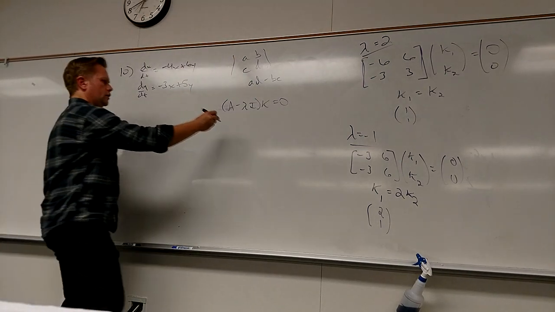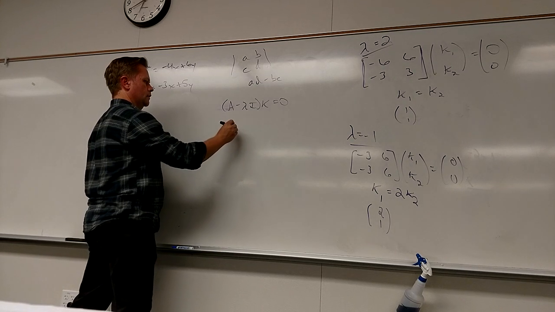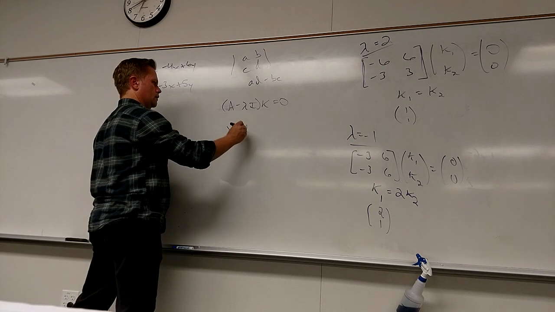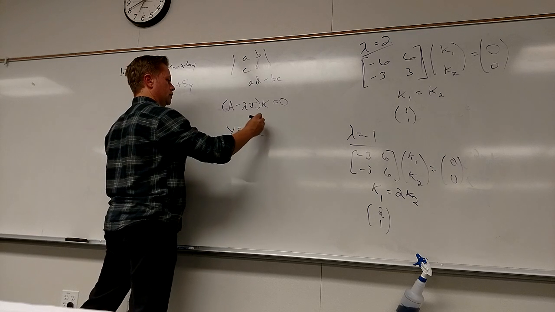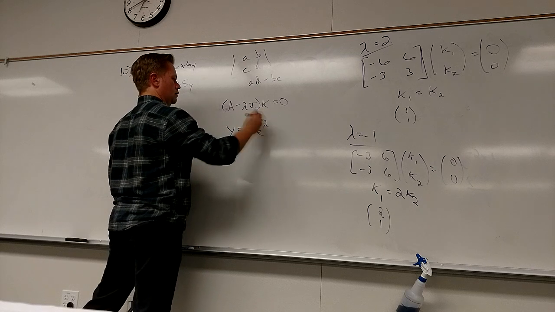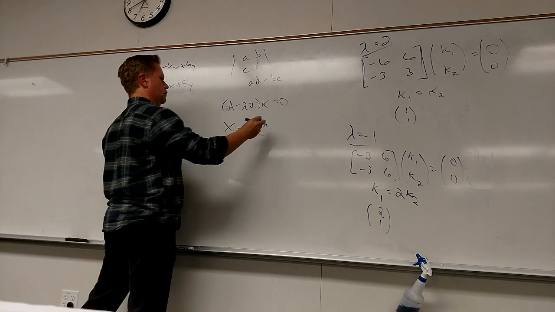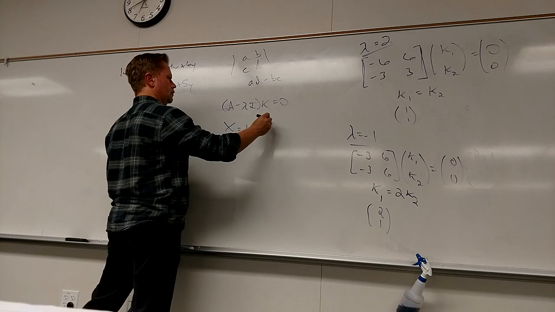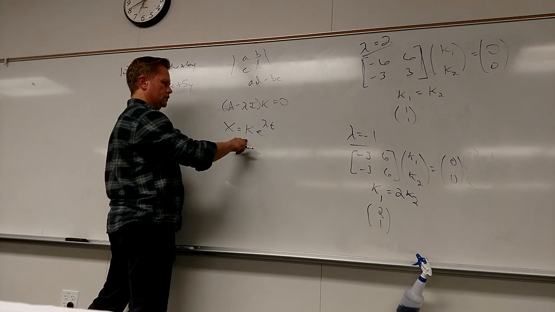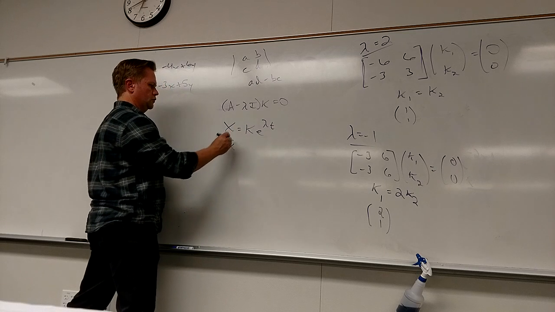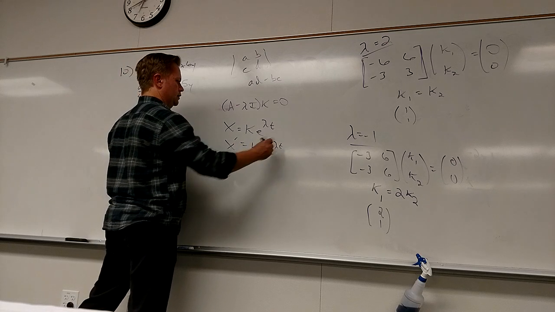So we started off with this, because if you take x prime, you get k lambda e to the lambda t.